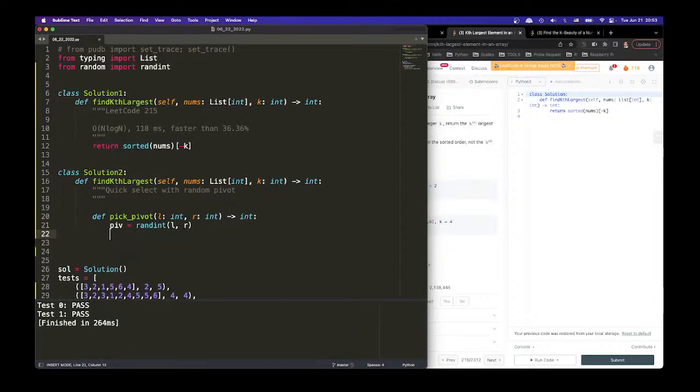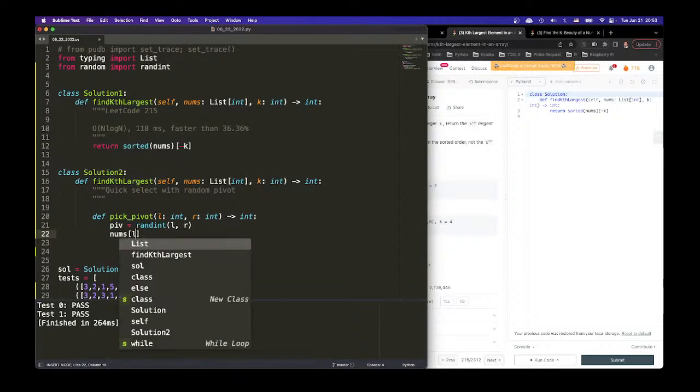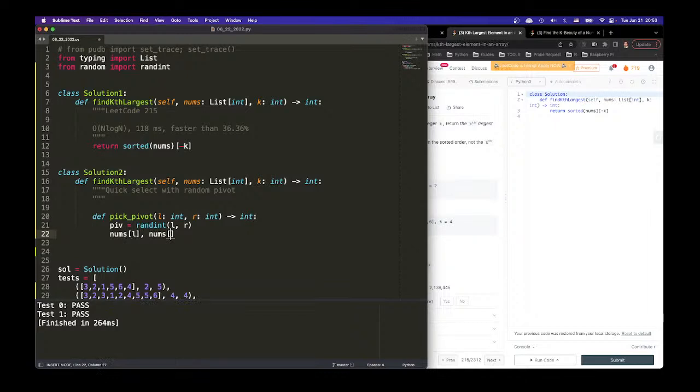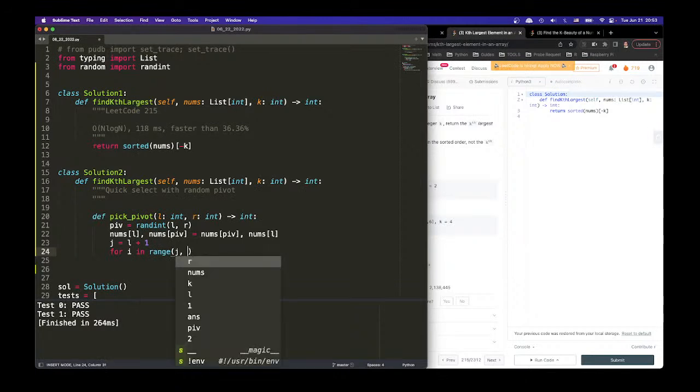And then we say nums L, nums piv equals nums piv and nums L. So we put the pivot in the first. And then we say j equals L plus 1. And say for i in range from j all the way to R.